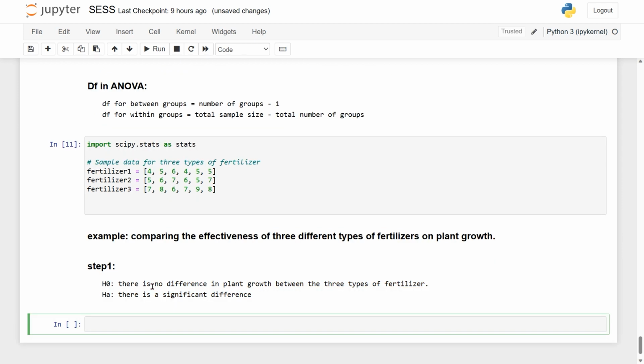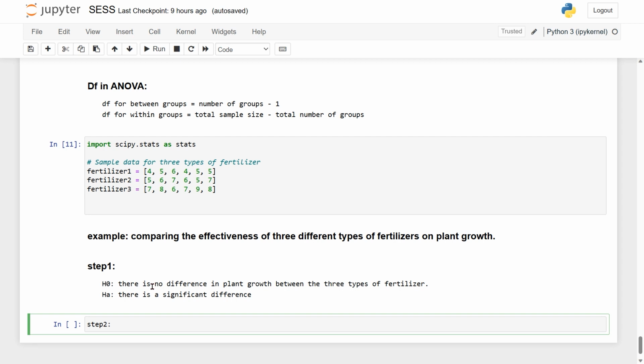Let's move ahead. Step 2. Now to perform ANOVA, we have to take a sample of plants grown using each type of fertilizer, and then the heights of the plants would be measured after a certain period of time, obviously.